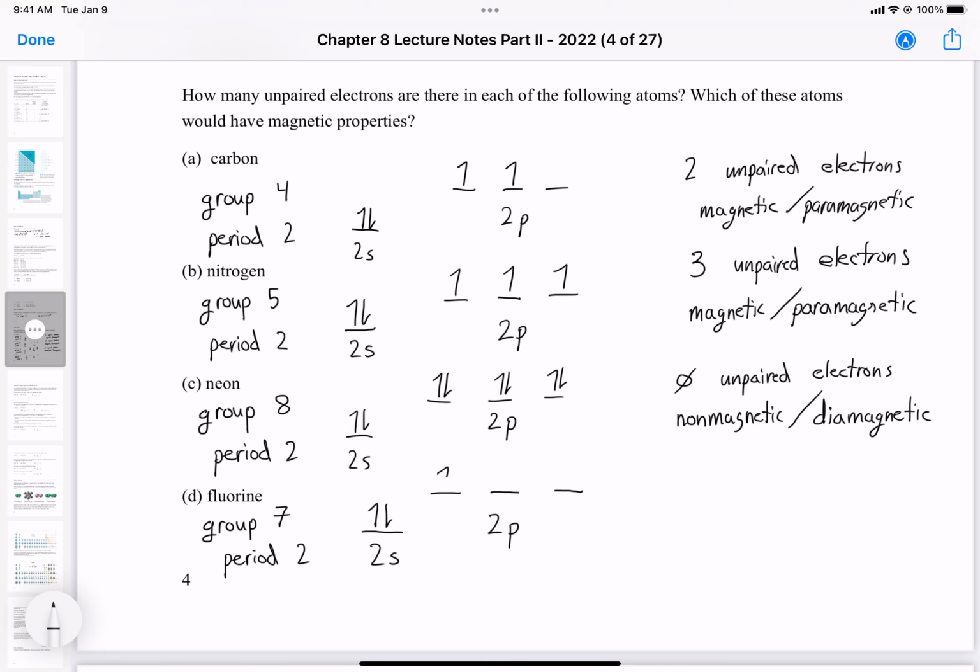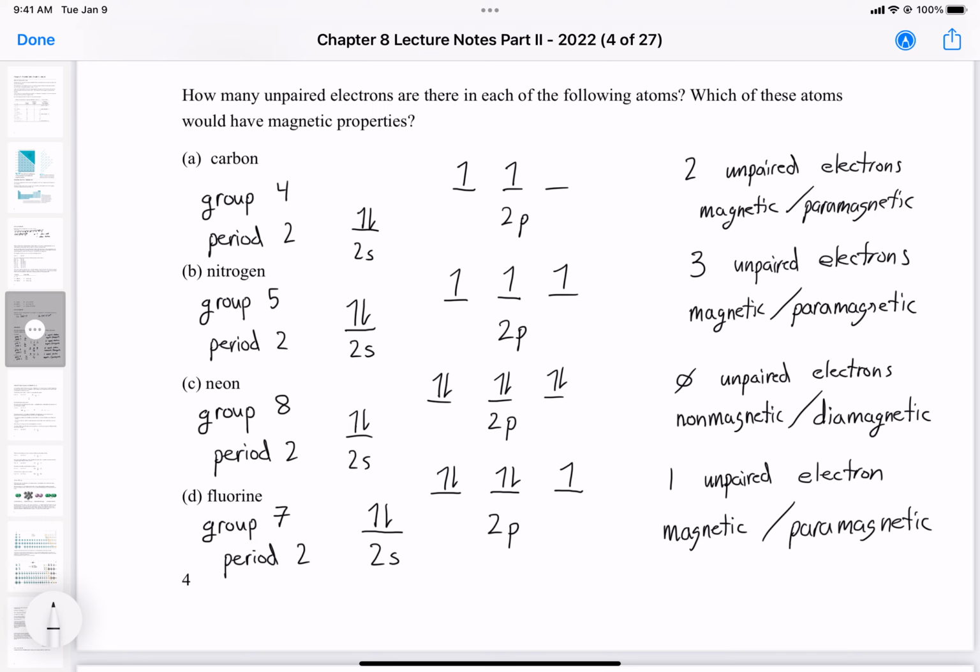So we're going to have 1, 2, 3, 4, 5, 6, 7. So it has 1 unpaired electron, so it'll still be magnetic.